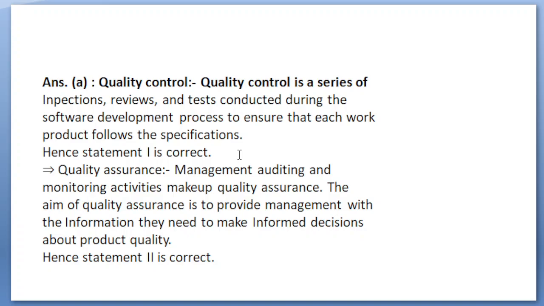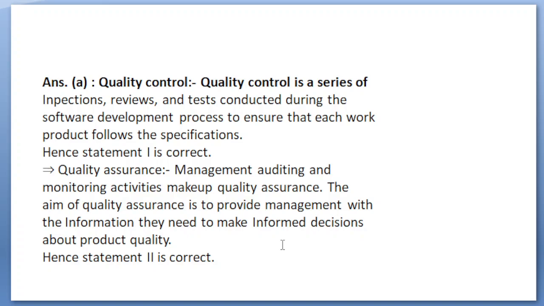But in quality assurance, management, auditing, and monitoring activities make up quality assurance. The aim of quality assurance is to provide management with the information they need to make informed decisions about product quality. Okay, it is regarding management; they are doing auditing and monitoring activities.